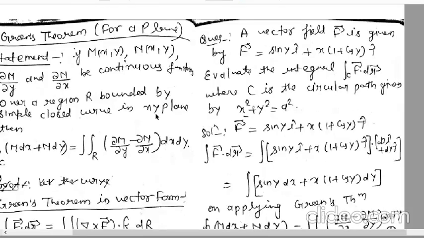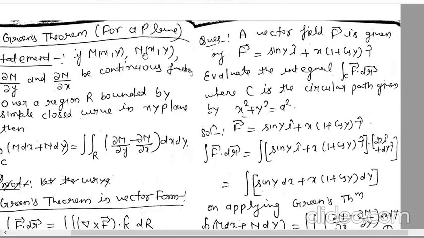M and N are both functions of x and y here, and these are first order partial derivatives, and these derivatives are continuous functions over region R. Then Green's theorem states that the closed integral of M dx plus N dy is equal to the double integral over R of del N upon del x minus del M upon del y dx dy.